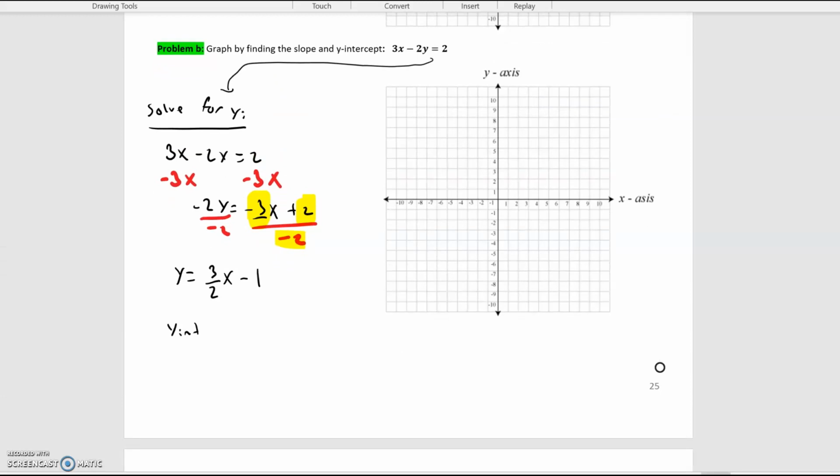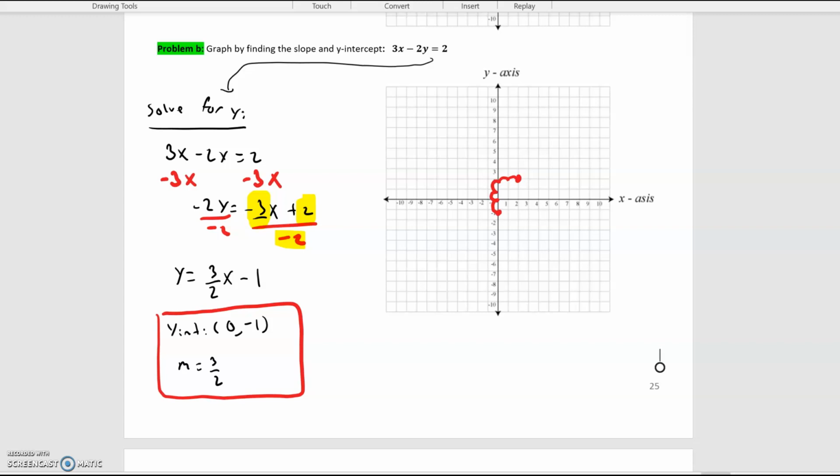So the y-intercept is going to be (0, -1), and the slope happens to be 3/2. And well, (0, -1) is here. Then 3/2 means we're going to go 1, 2, 3, and then 1 and 2 to put the second coordinate point.